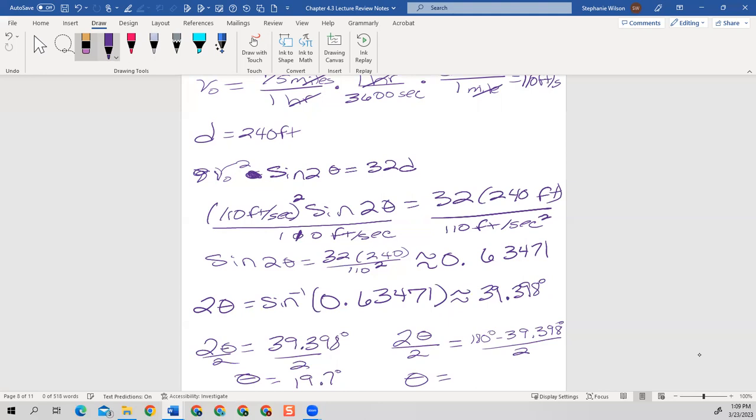I'm going to divide by 2, and I get 70.3. I'm rounding to the tenths on my final answers. You don't want to round very much too soon in the middle work. You want to wait until the final answer. Okay, so we have our two angles.